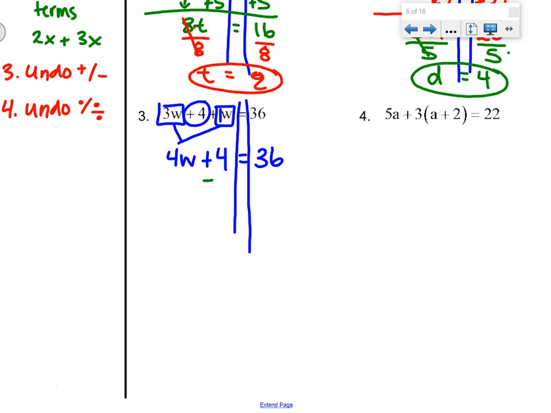Now we can undo this plus 4 with a minus 4. 36 minus 4 is 32, which equals 4w. Get w all by itself by undoing times by 4 with divide by 4. We get w equals 8.